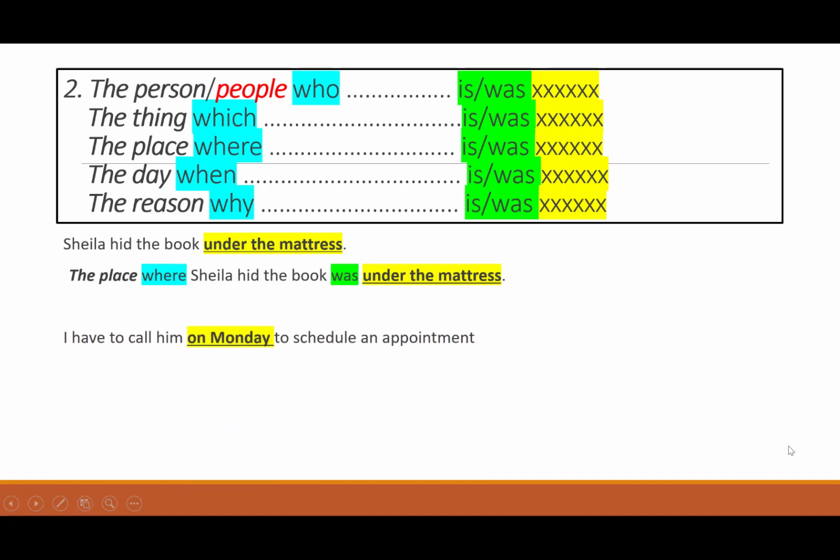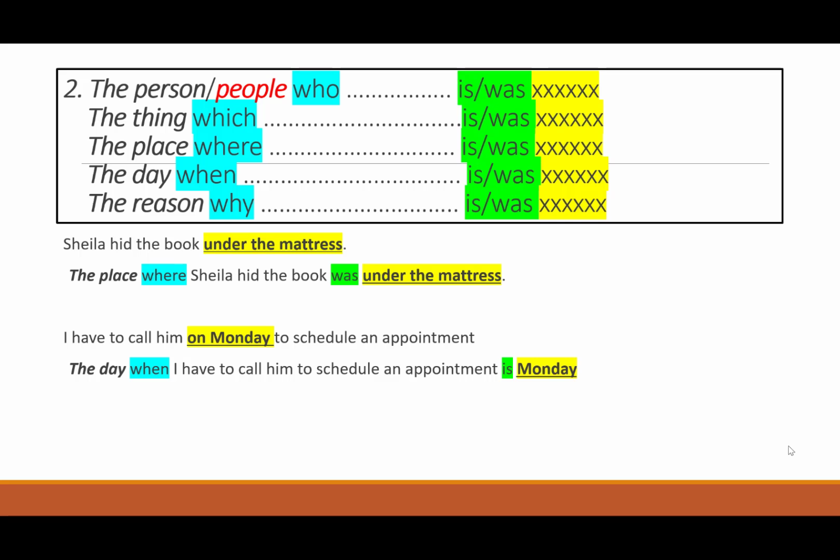Next. I have to call him on Monday to schedule an appointment. The phrase we would like to stress is on Monday. On Monday is the day or the time, so we use it as the subject. The day or the time, we use when because the day is time.